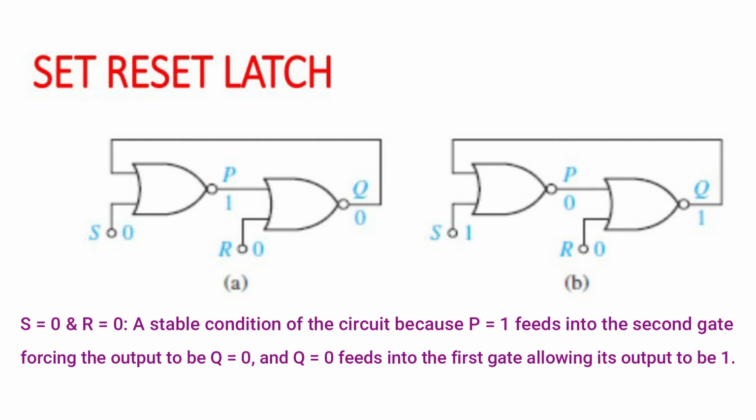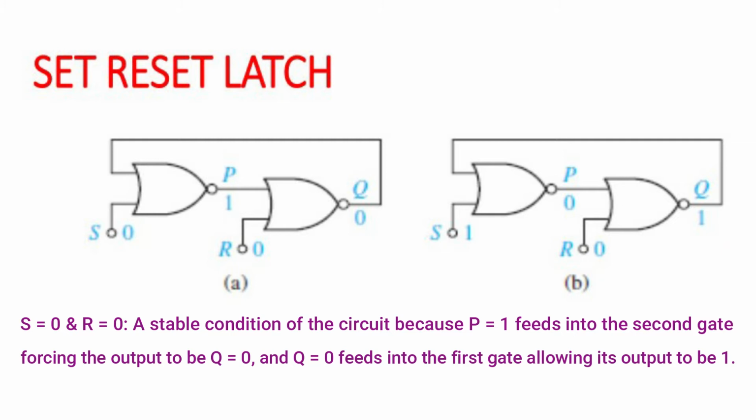So the output of the NOR gate labeled Q is fed back as an input to the first NOR gate. So this forces the output of the first NOR gate to be high, and this high output is fed as an input to the second NOR gate, keeping the value of Q as 0.